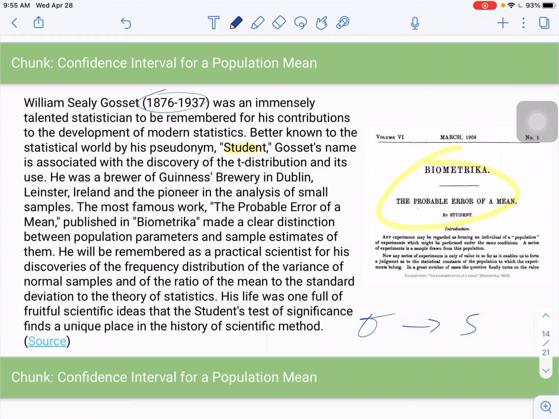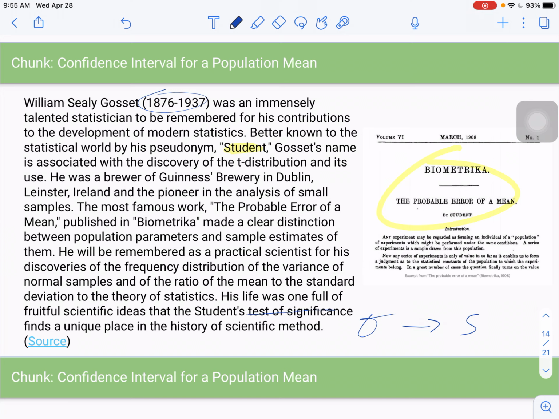He'll be remembered as a practical scientist for his discoveries of the frequency distribution of the variance of normal samples and the ratio of the mean to the standard deviation in the theory of statistics. His life was one full of fruitful scientific ideas, and Student's test of significance finds a unique place in the history of the scientific method. So just a little information for you there.